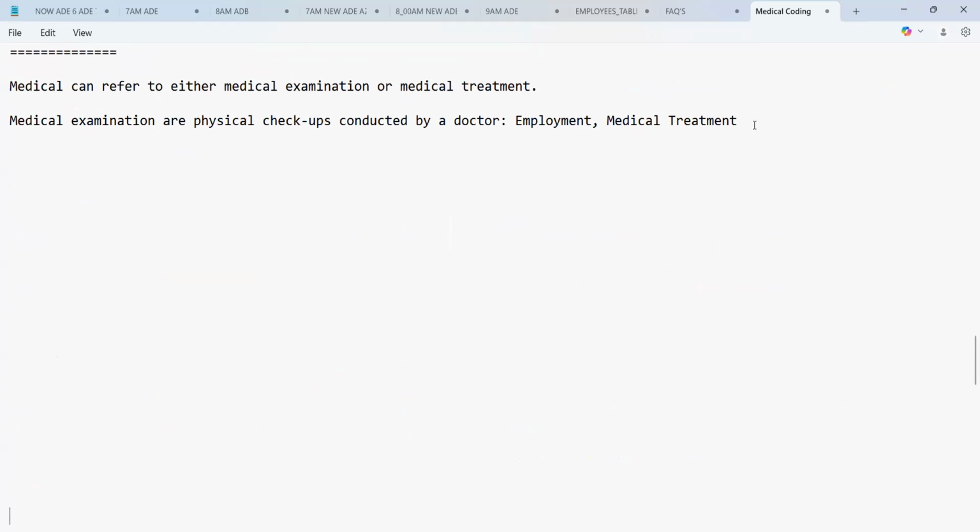So why are these medical examinations needed? The need of medical examination. The medical examination is needed for the following purposes, as we have already discussed.